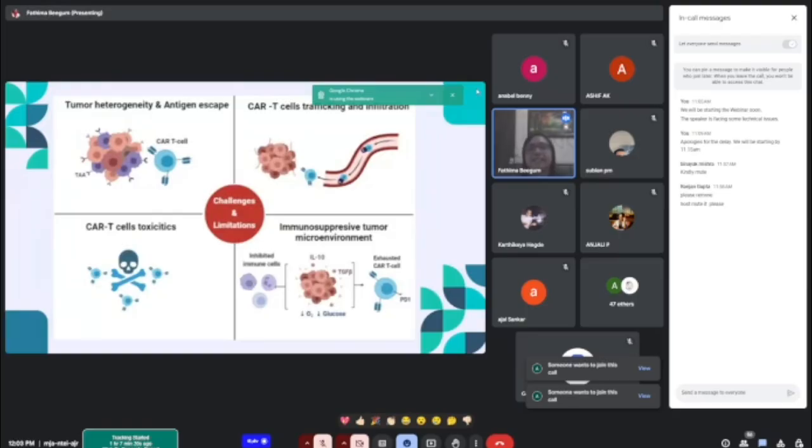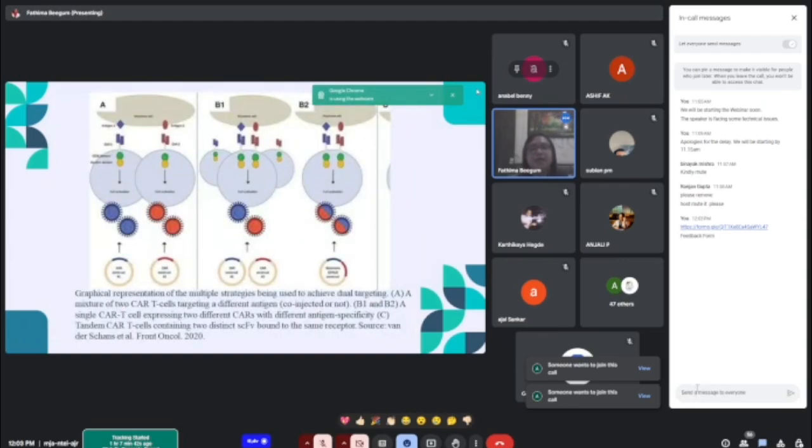There's a chance for antigen escape. Infiltration is the challenge. Then toxicity. Then sometimes the immunosuppressive tumor microenvironment will cause a reduction in the action. That also is a main limitation of CAR T cell therapy.